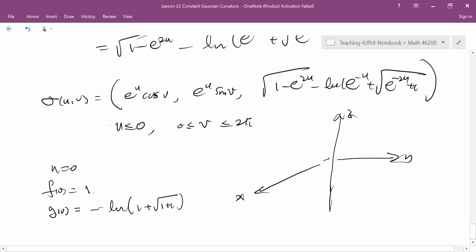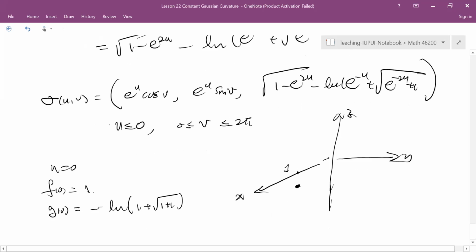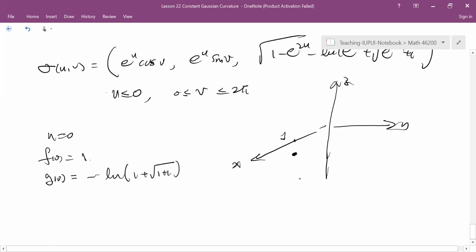So that means when u equals 0, the starting point is x is going to be 1, right? So z value is going to be negative. So somewhere here, okay?